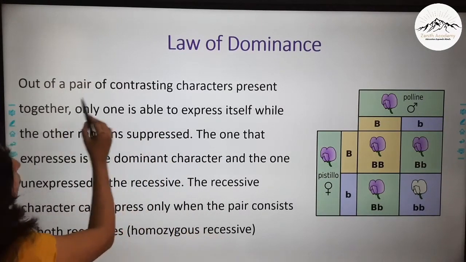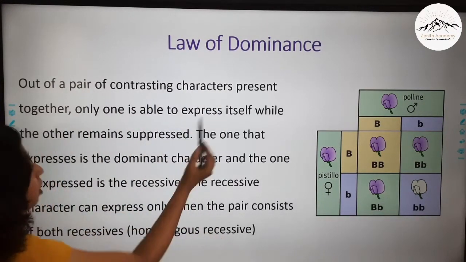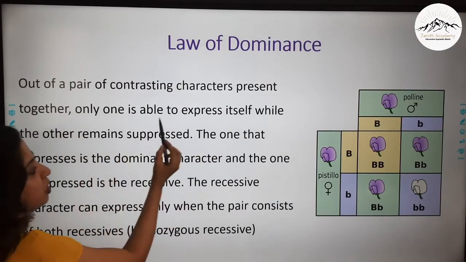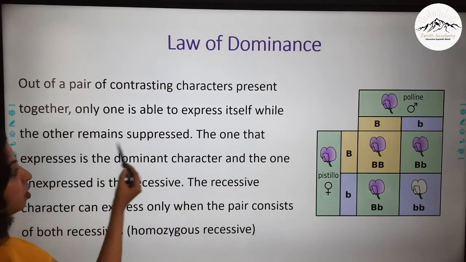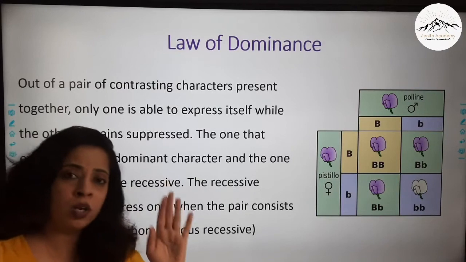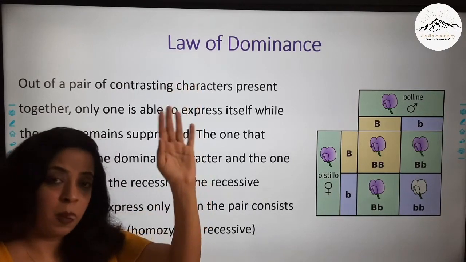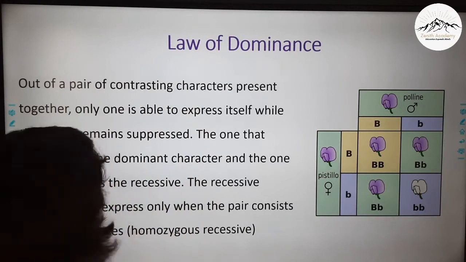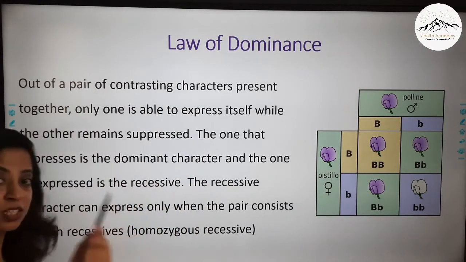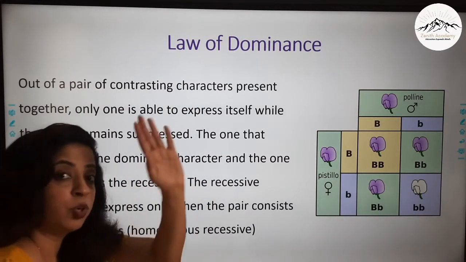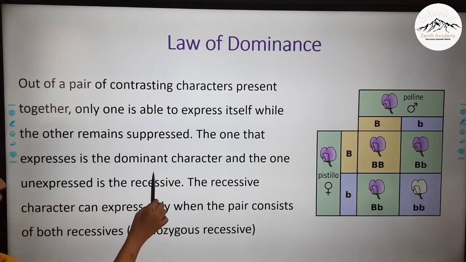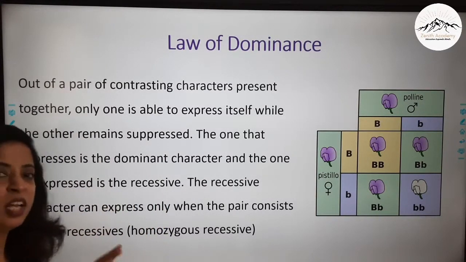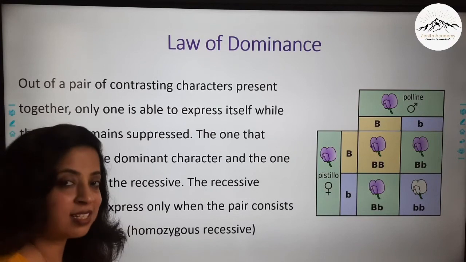So out of a pair of contrasting characters present together, only one is able to express itself while the other remains suppressed. So only one or two children will get up and answer or ask questions, whereas the others will remain suppressed. The one that expresses is the dominant character, the student who is asking questions is the dominant one, and the others that are unexpressed, who don't express their feelings, are recessive.